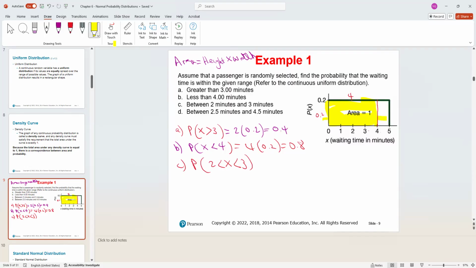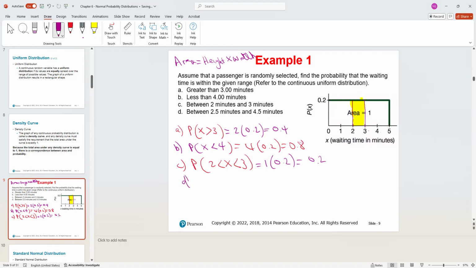For us, between 2 and 3, this is what you've got. What is the height? The width is now 1, so it's 1 times 0.2, which is 0.2, if that's okay for you.